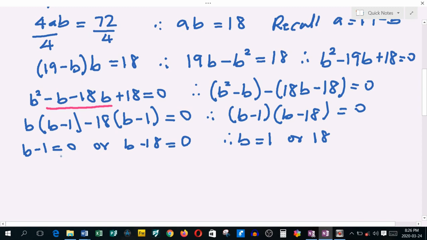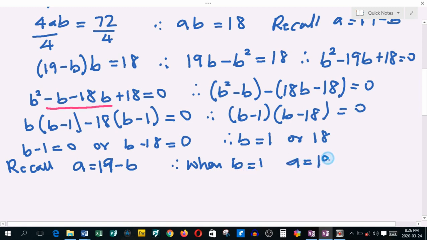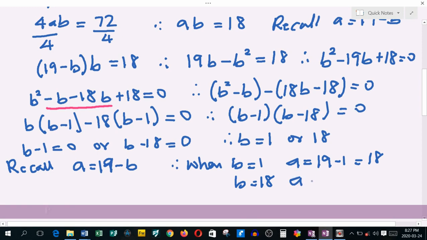Recall that our a is equal to 19 minus b. Therefore when b is equal to 1, our a will become 19 minus 1, that is 18. Or when b is equal to 18, our a will become 19 minus 18, that is 1. Whatever the case, the numbers are 1 and 18.